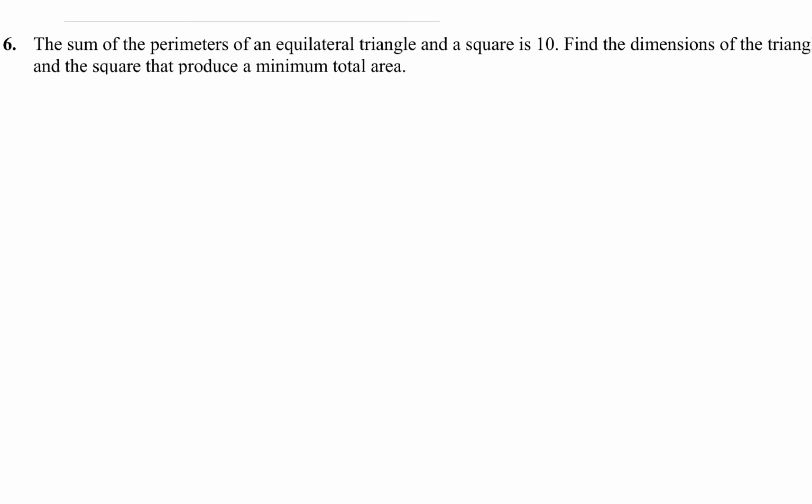Okay, let's do the last one. It says the sum of the perimeters of an equilateral triangle and a square. An equilateral triangle has the sides, let's say A, A, and A, because it's equilateral.